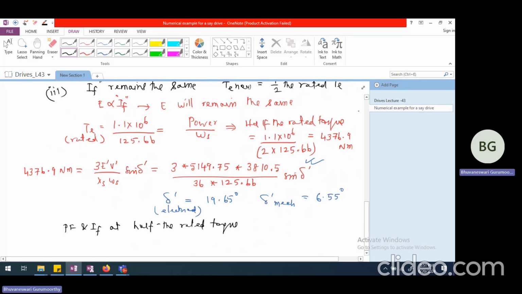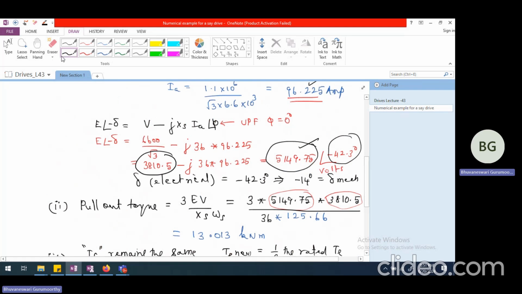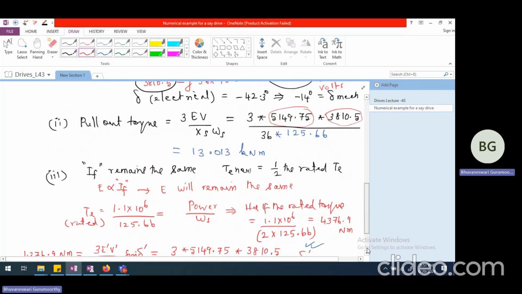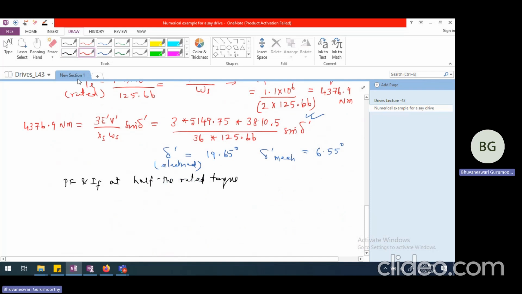Now we can use the same equation that we used for calculating the original value of excitation EMF. So we can again use that, saying that E angle minus delta equals V angle 0 minus J X S I A angle phi.